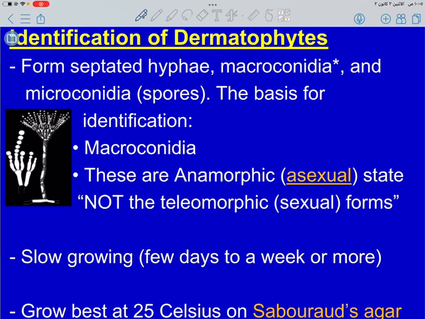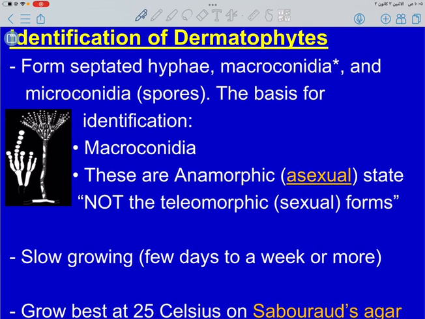The basis of identification will depend on the macroconidia. These macroconidia are an anamorphic structure, that is to say, an asexual structure, and not the teleomorphic as in other types of organisms.